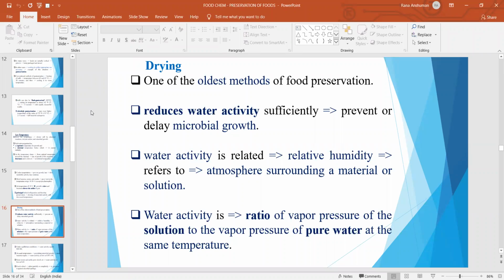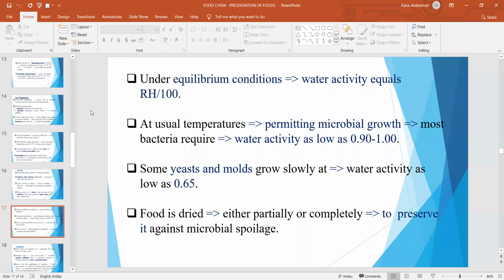Relative humidity refers to the atmosphere surrounding a material or solution. Water activity is the ratio of the vapor pressure of the solution to the vapor pressure of pure water at the same temperature. Under equilibrium conditions, water activity equals relative humidity divided by 100.